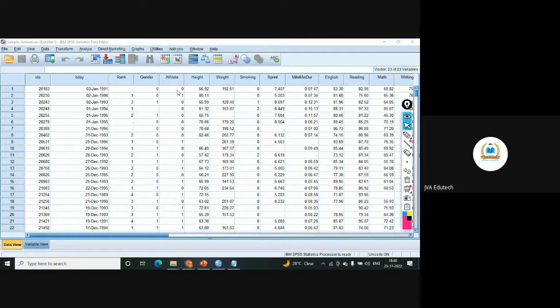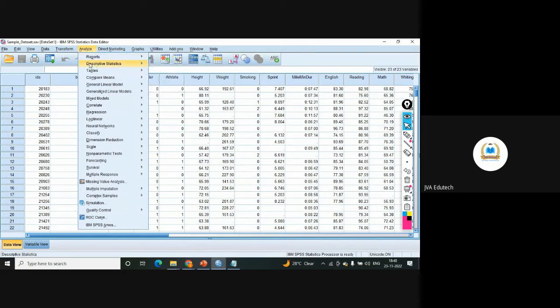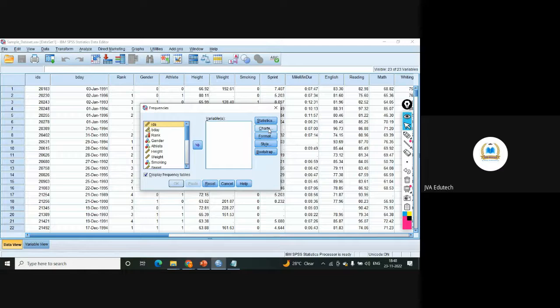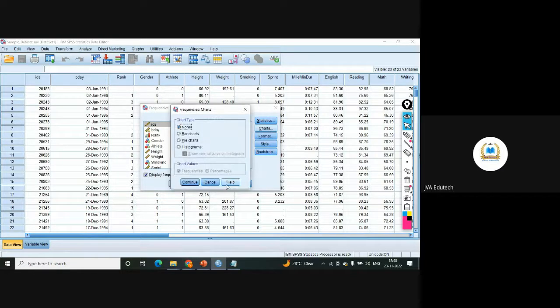Exploratory data analysis is initial exploration of the data to understand the pattern of the data. That you can do by analyze, descriptive statistics, frequencies, and charts, or you can do by another way.